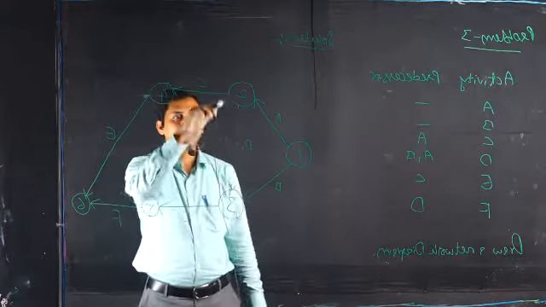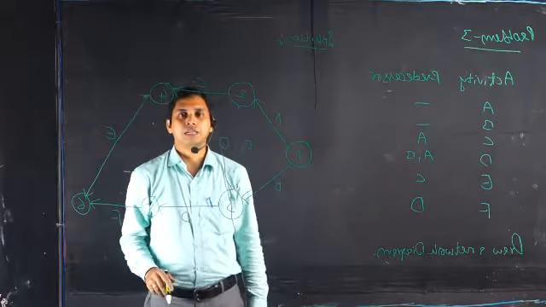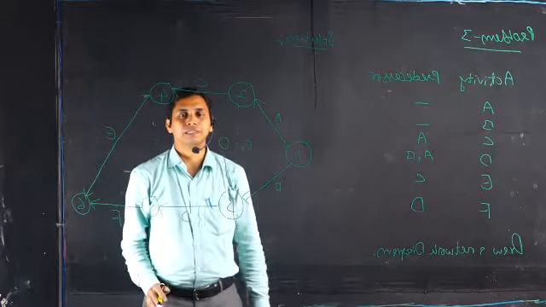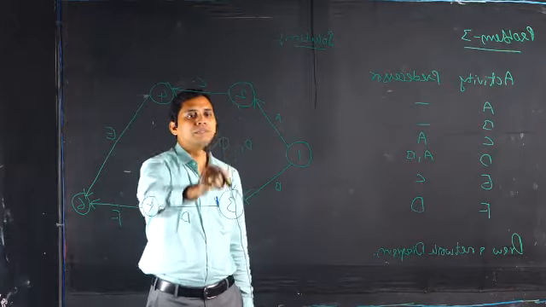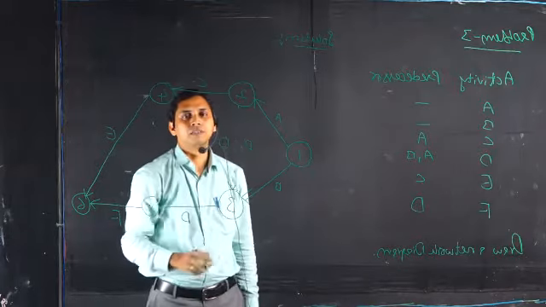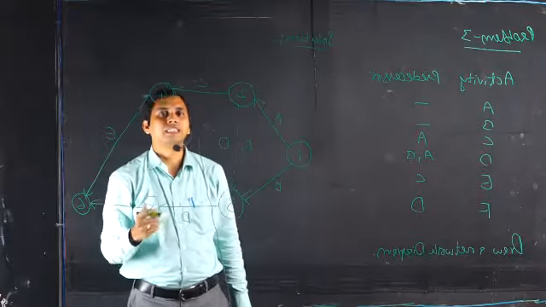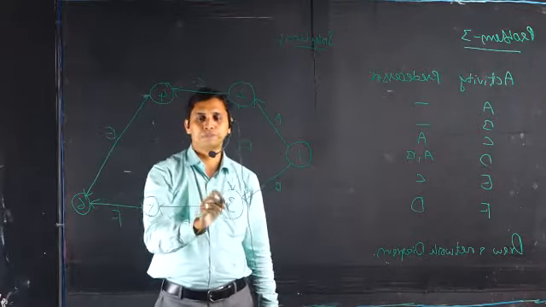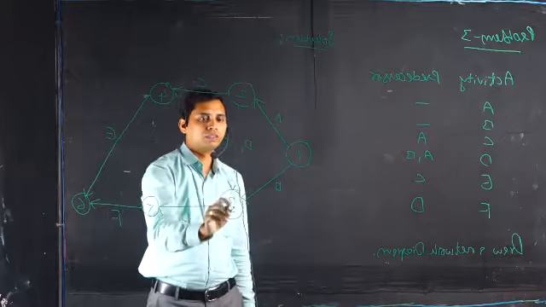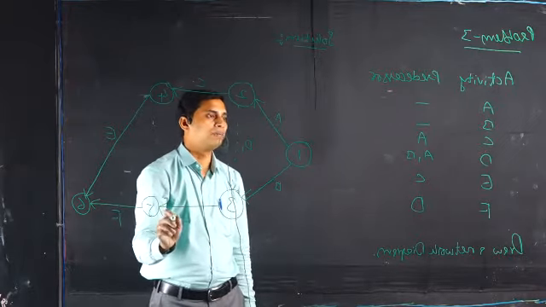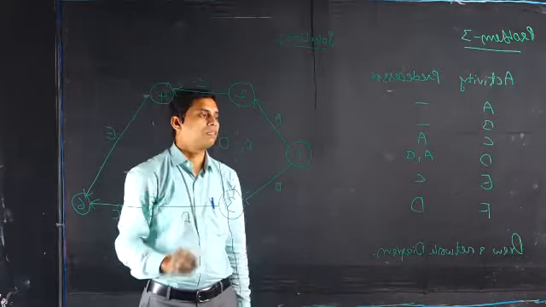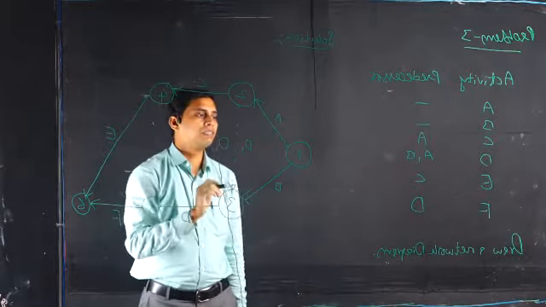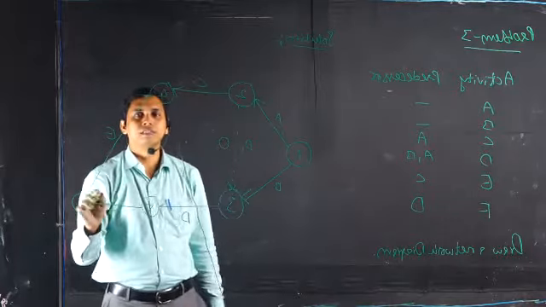We cannot directly join A and B because those two are the initiating activities. That's why we join them with the help of a dummy. A dummy activity is nothing but an activity whose duration is 0. After joining A and B, we have drawn D. For E, C is the predecessor, and for F, D is the predecessor, and F is the final activity.